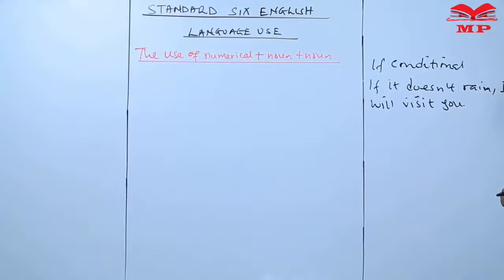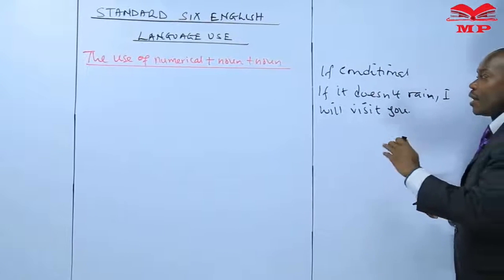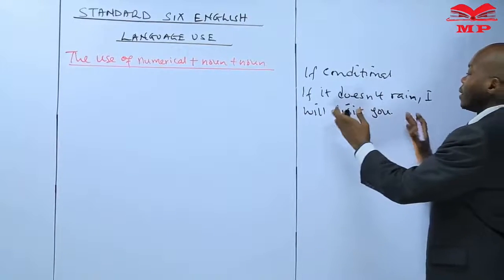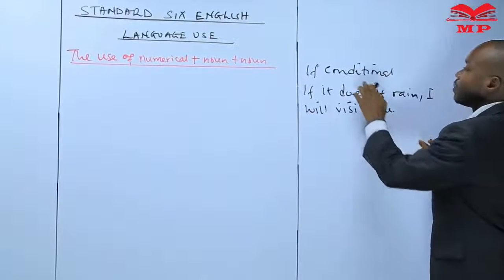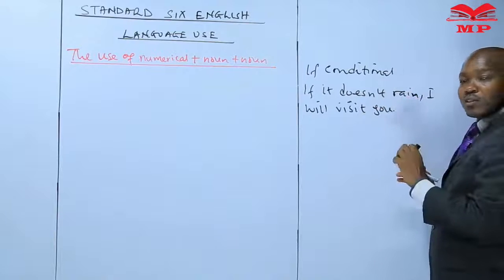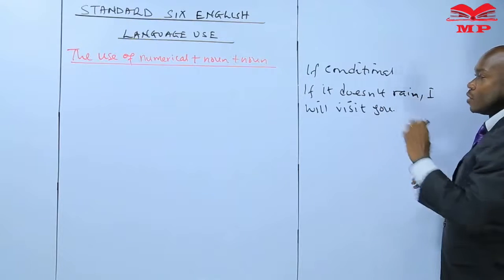The condition here is the raining. If the rain does not fall, then certainly I'll pay you a visit. So the second part of this sentence depends on the first part for it to take place. So we call that an if conditional.